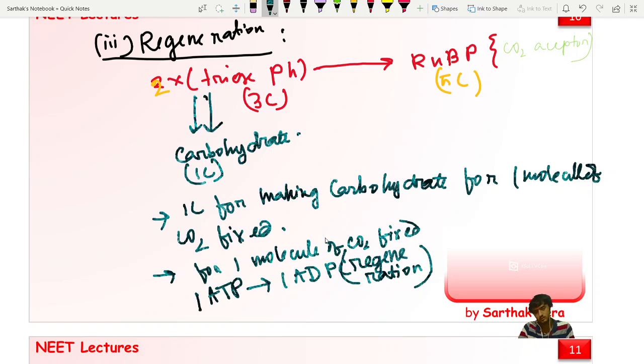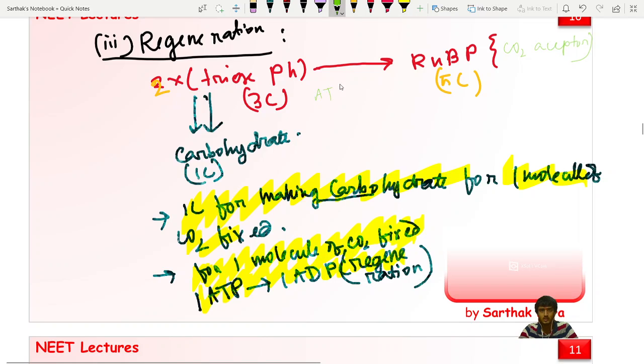So this is very clear: for 1 molecule of CO2 fixed, 1 carbon is used in making carbohydrate, and 1 ATP is converted to 1 ADP in regeneration.